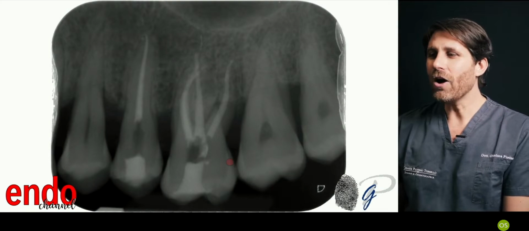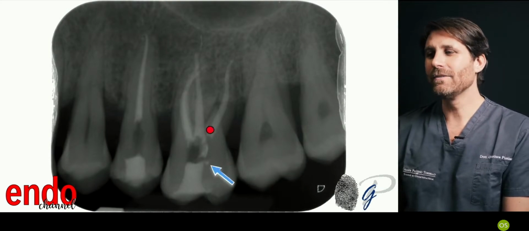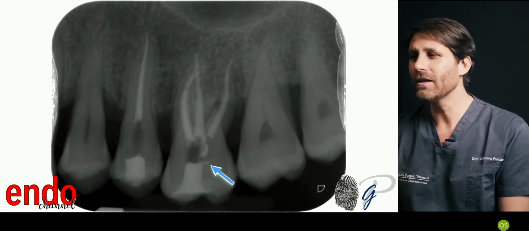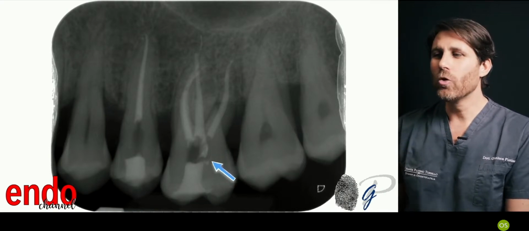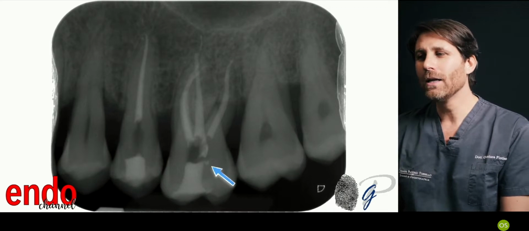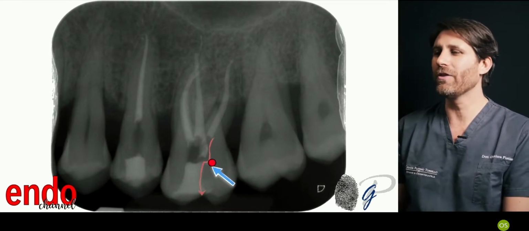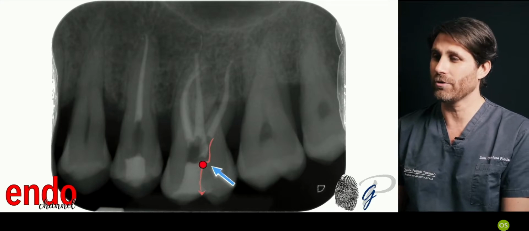Maintaining the soffit in the distal aspect, usually the distal aspect is where we can maintain the soffit, can help us to maintain the axial wall without removing dentinal tissue in the axial wall of the pulp chamber. That is very important.